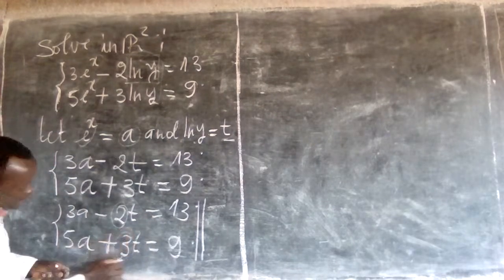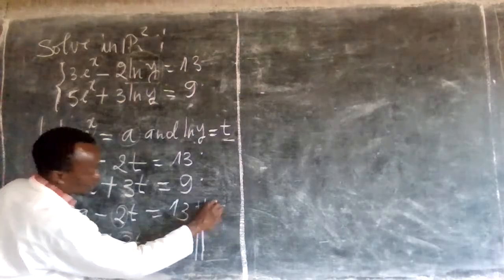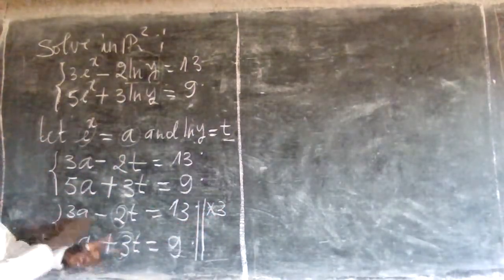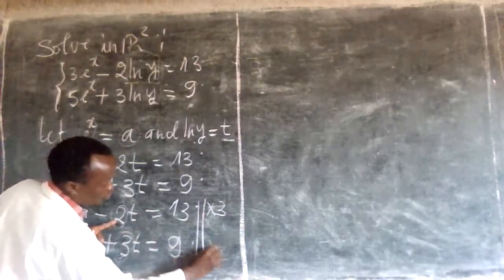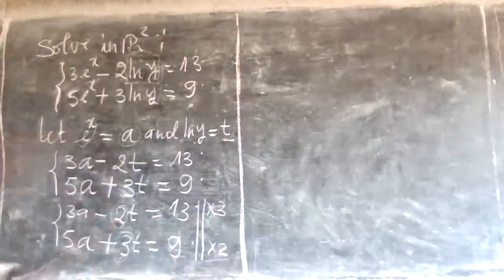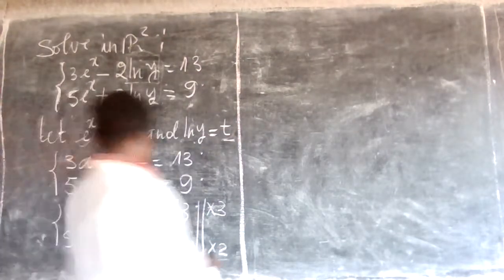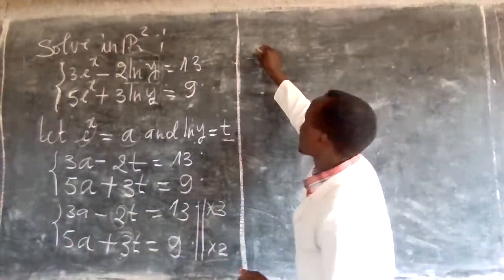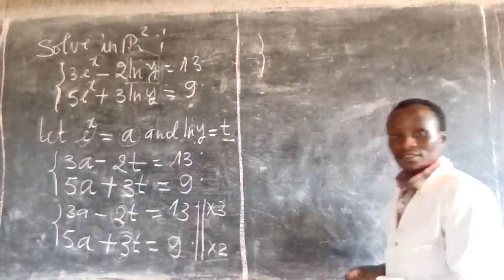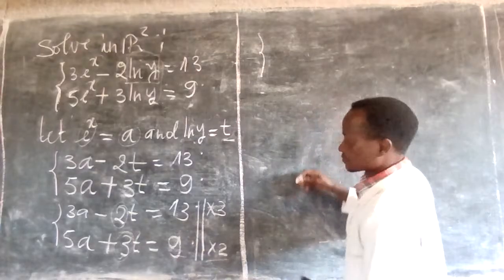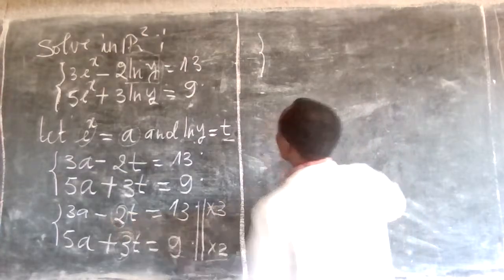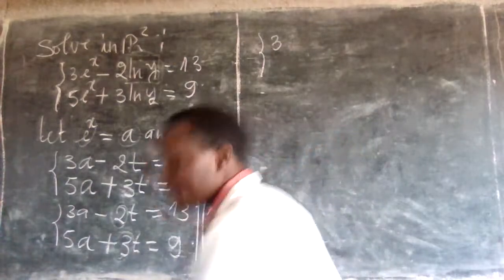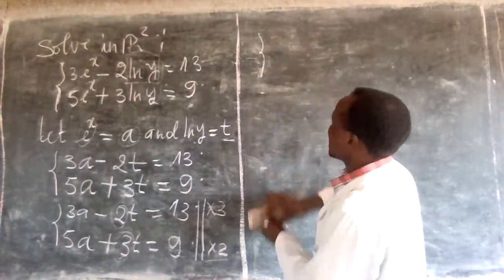Now we make the multiplication: 3 on the first line, and 2 on the second line. Let us continue. We still have 3 times 3, which is 9a. I'm sorry, it is 9a.